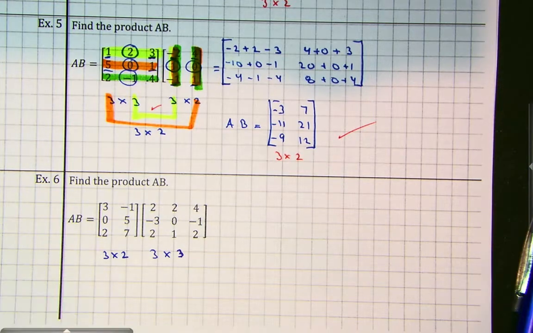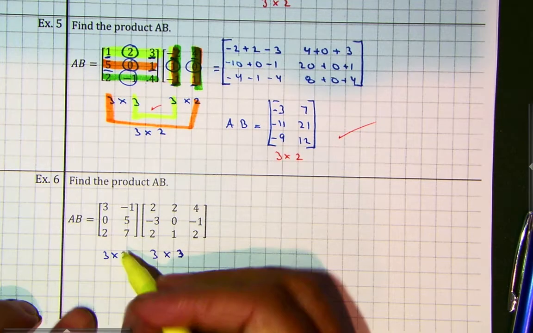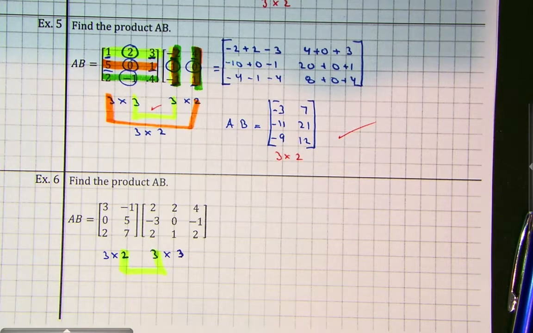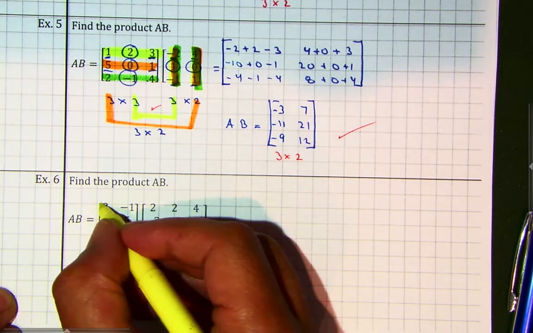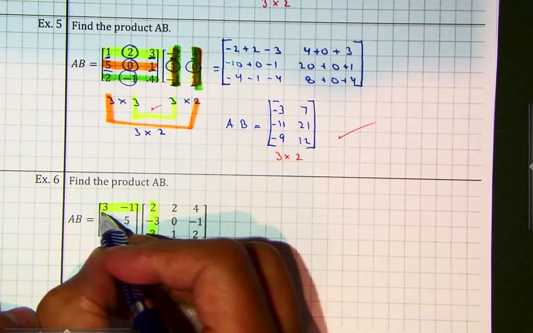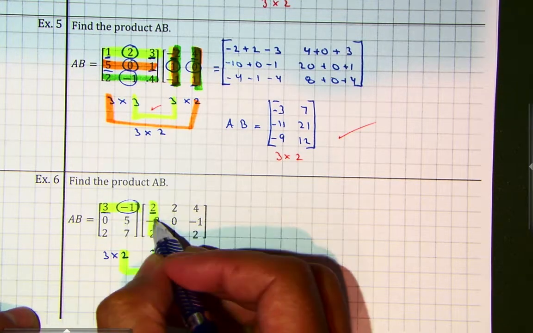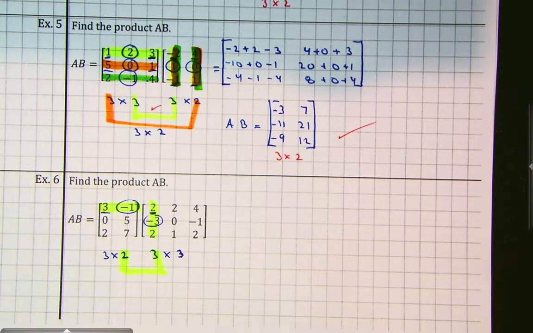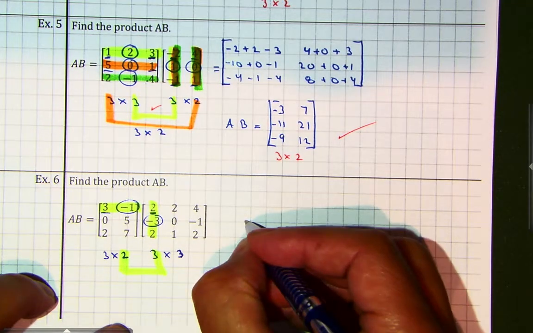So therefore, our inside numbers should match, and they do not. So therefore, they cannot be multiplied. And even if you try, let's say we don't check it, correct? We'll notice that there's something going on, correct? Multiply the 3 by the 2, the -1 by the -3, and the 2 doesn't have anything to multiply. So therefore, matrices cannot be multiplied.